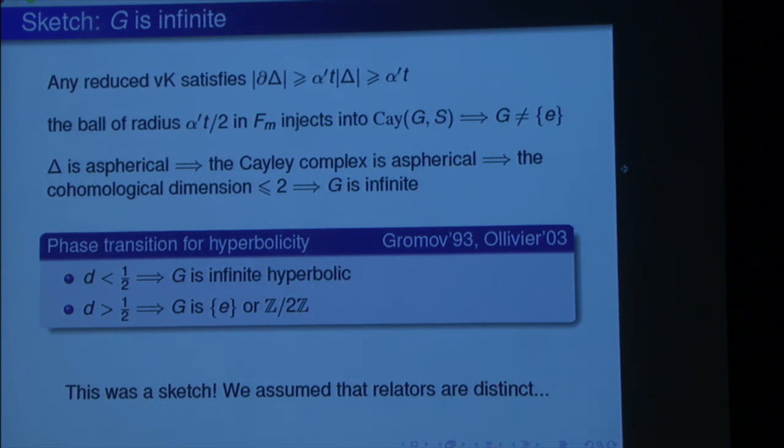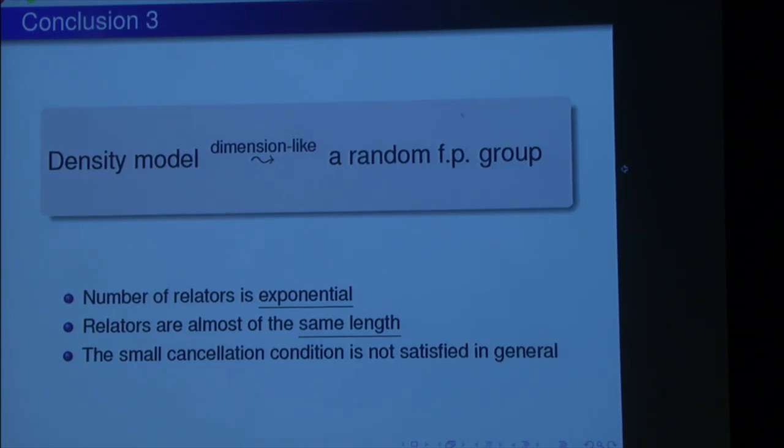Great. So let us go now. This is a summary. What we did, we proved this phase transition theorem at the density model. We had some examples of other results in the density model, for small cancellation, and I mentioned quickly non-planarity of the Cayley graph.